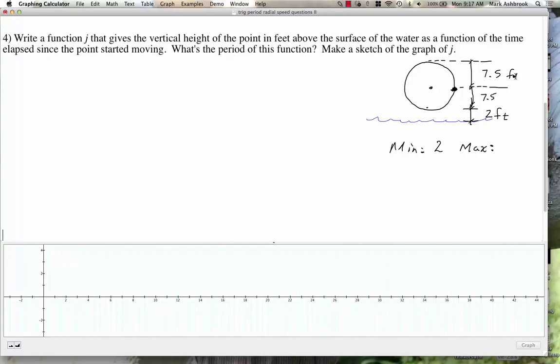You've got to make a picture. Don't try to just wing this in your imagination. We got 2 feet up to the bottom, then another 7.5 feet up to the center or the horizontal diameter of the circle, and another 7.5 up to the top. So what's the maximum height above the water of the point? 17 feet. 2 plus 7.5 plus another 7.5. So this function has to have a minimum of 2 and a max of 17.